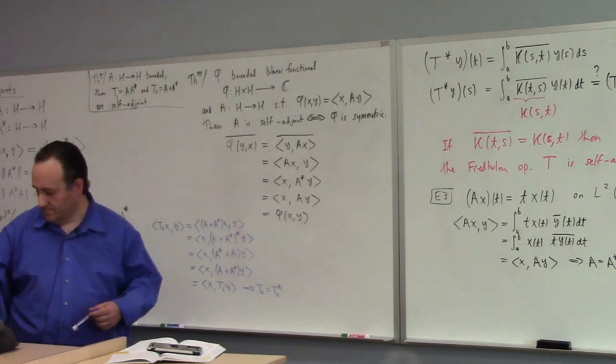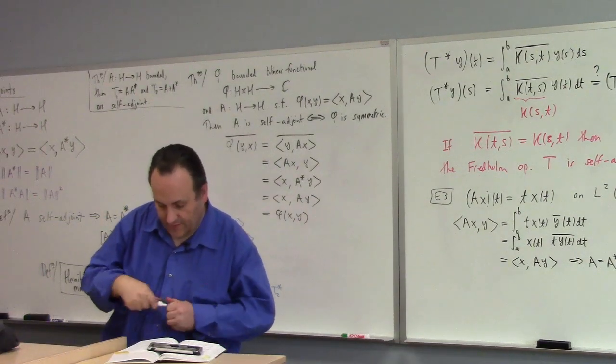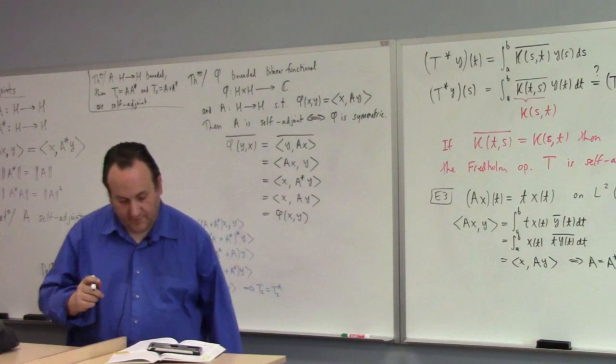Next theorem is that the product of two self-adjoint operators is self-adjoint if and only if the operators commute.